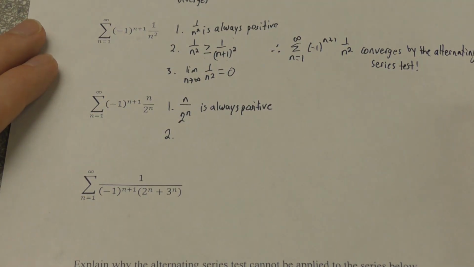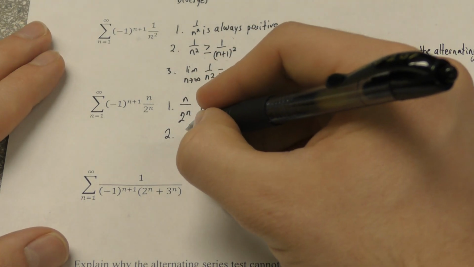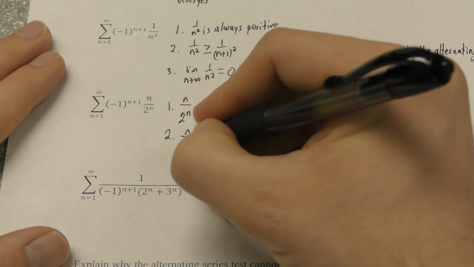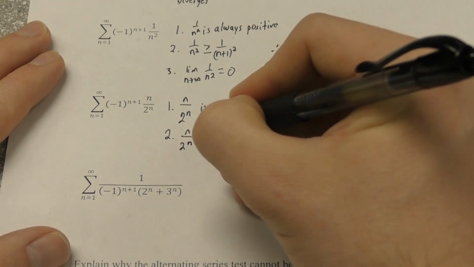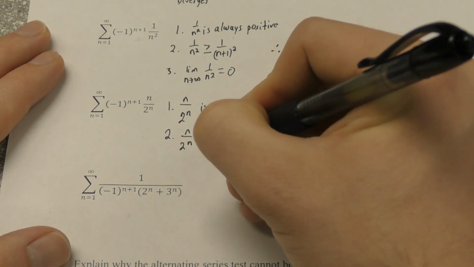2. What do we need to check? Oh, we need to check to make sure that the series eventually decreases. Interesting. So, n over 2 to the n, I want to compare it to what happens eventually with n plus 1 over 2 to the n plus 1.